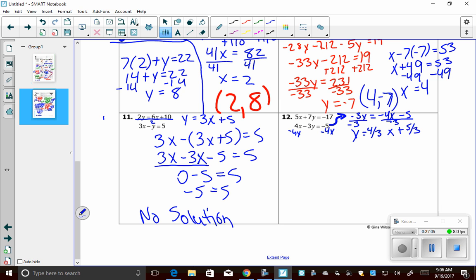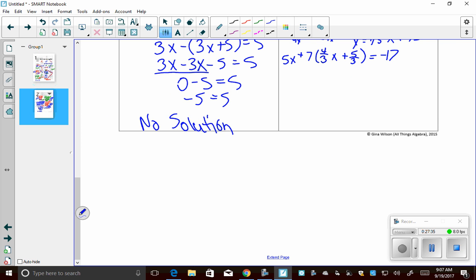Once you do that, you're going to plug it back into the first equation. So I'm going to get 5x plus 7 times (4 over 3x plus 5 over 3) is equal to negative 17. Use your calculator. This is going to make it so much easier.